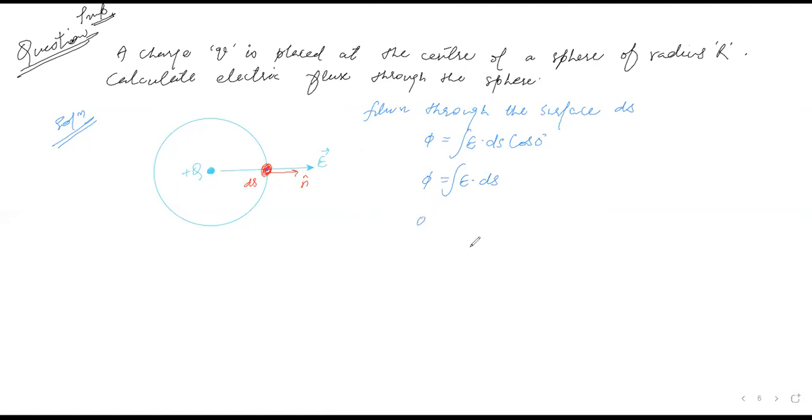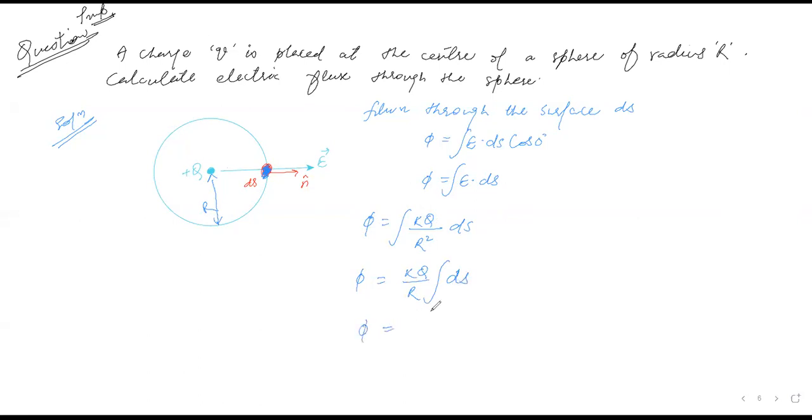So we can write phi is equal to the integration of kq over r square ds, where the radius of this is r. ds is this small area, infinitesimally small; you can imagine it just like a point size. Finally, kq over r square can be taken outside the integral.